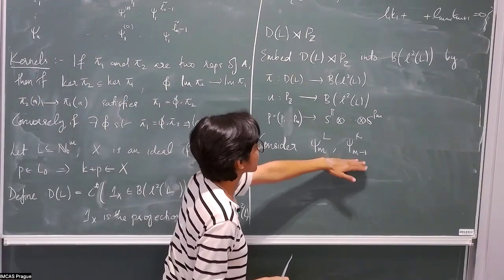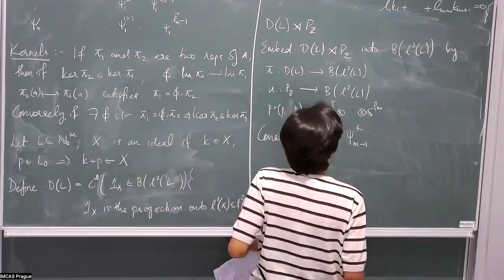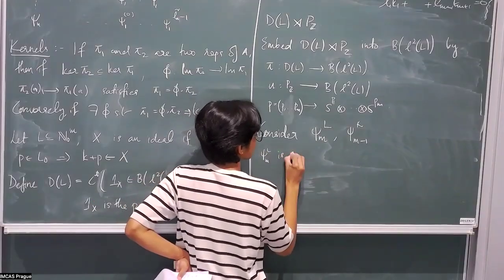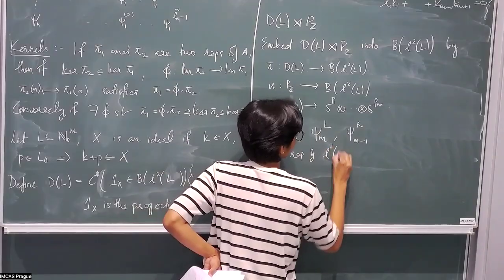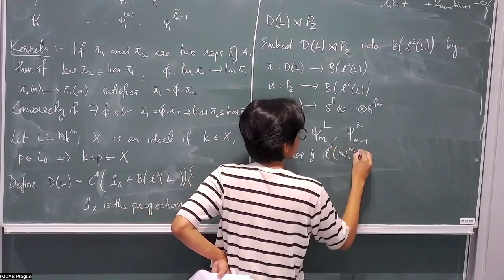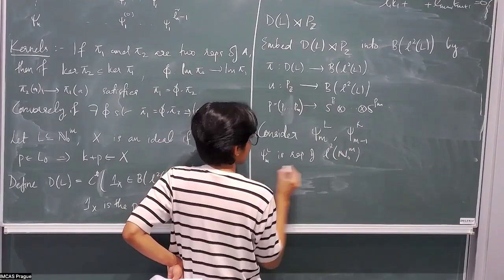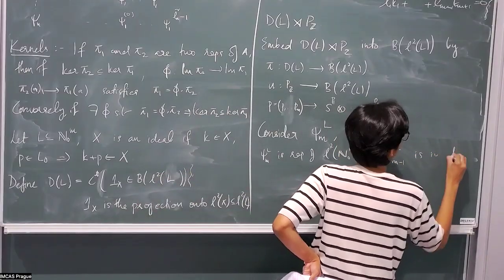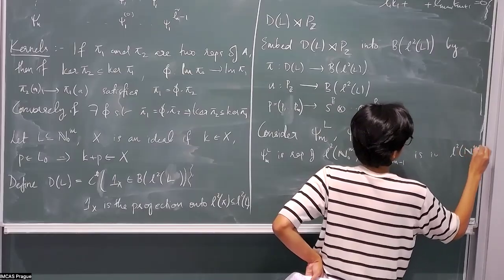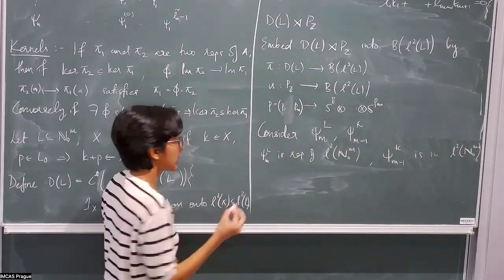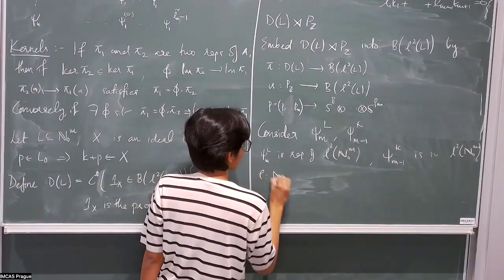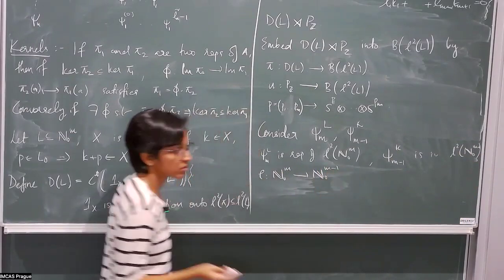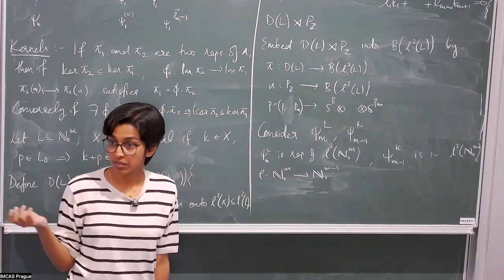If I take two such guys, then psi m is a rep on L2 of N naught to the m or L, and psi m minus 1 K is in L2 of N naught to the m minus 1. So what would be a way to go from N naught to the m to N naught to the m minus 1? We can just delete the last component.